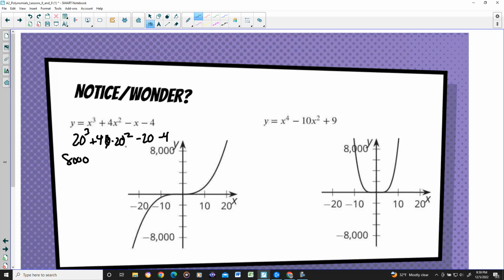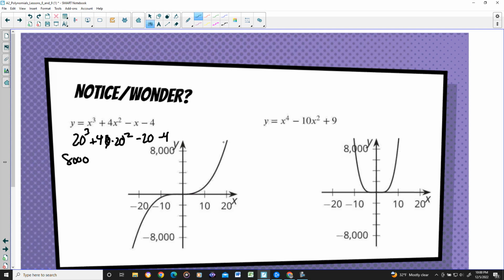So that's 9,600. So it's minus that, so it's going to be 9,500 and something. So it is a very, very large number. And one thing that I noticed is that it's interesting why they would choose that. Does the graph have to be so big in order to draw this graph?